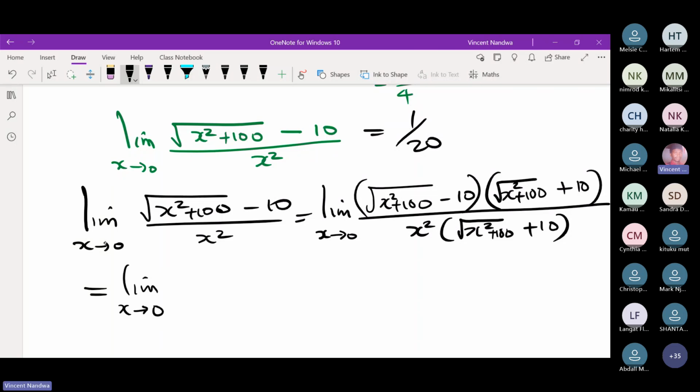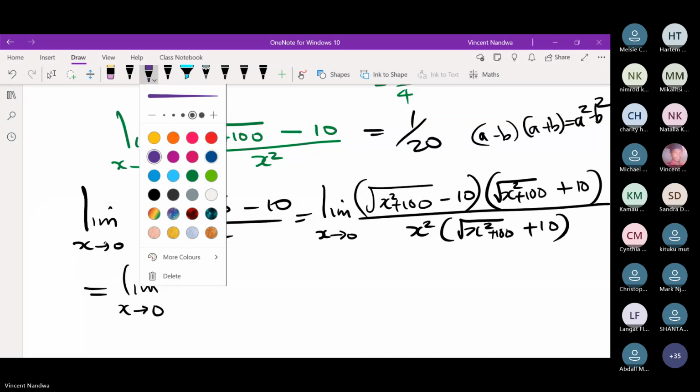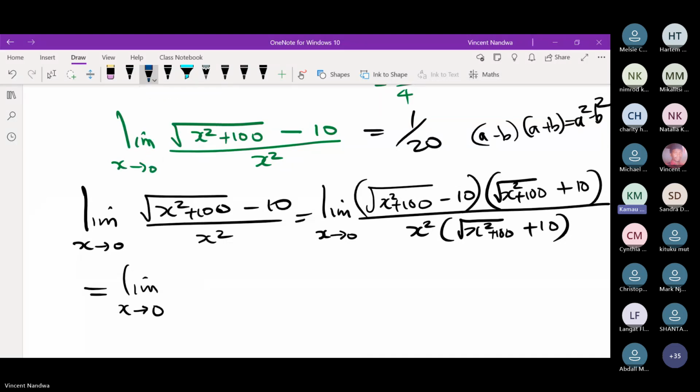Then we are still using a minus b, a plus b is a squared minus b squared. So the square root of x squared plus 100 squared is x squared plus 100, minus the square of 10, which is 100.